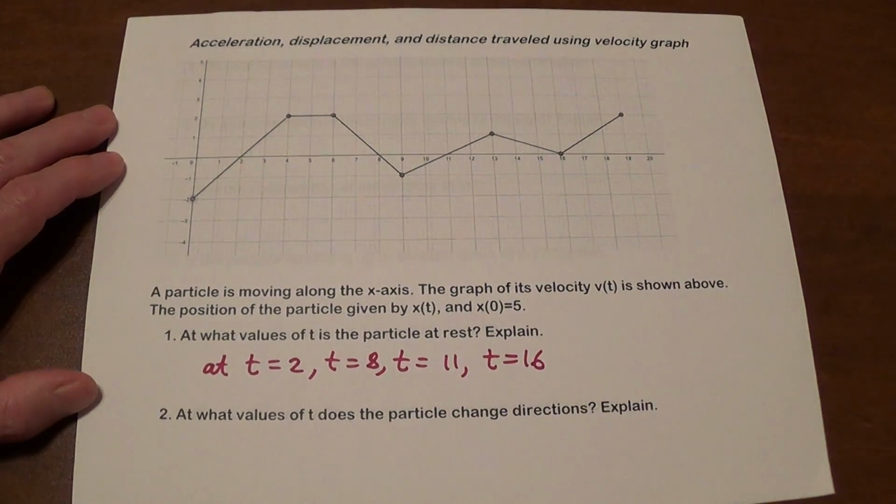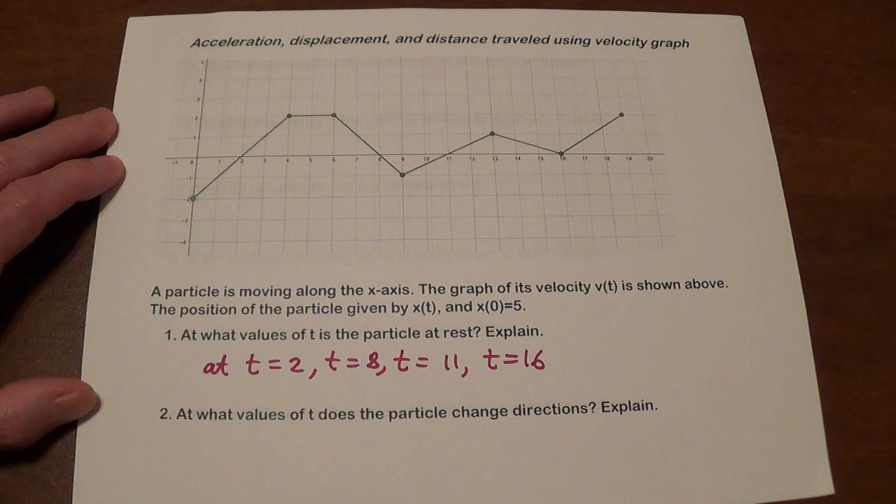So the second question related to that is, at what values of t does the particle change direction? It's going to change direction where not only the velocity of the particle is 0, but also the velocity changes direction. In other words, it changes from positive to negative or negative to positive, and we also want to explain that.